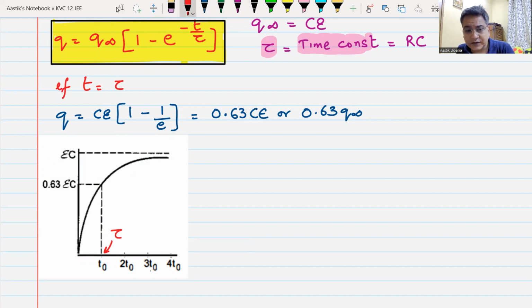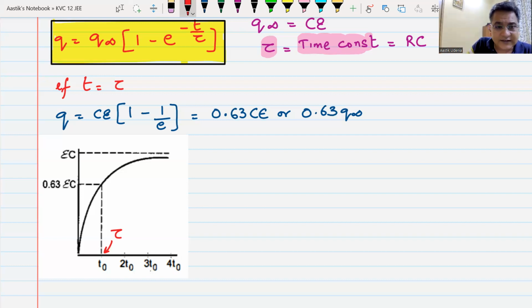This is how we can find out the charge on the capacitor as a function of time, and that is how we define the time constant of a charging circuit. You can understand that this is an exponential curve. So theoretically the charge never becomes equal to E into C, but after a long interval of time we can assume that it is very close to C into E. It's an exponential curve, it will never become C into E. Do we understand this?